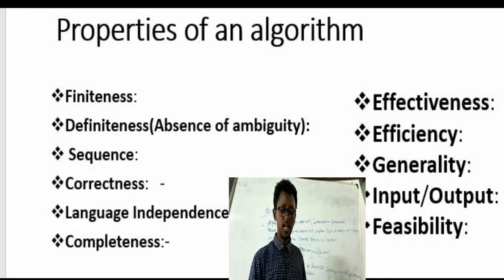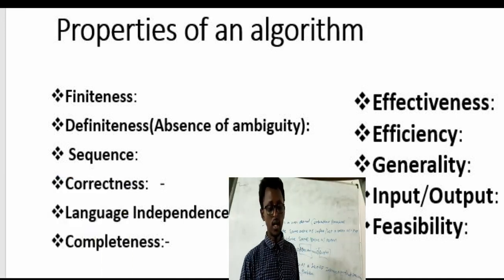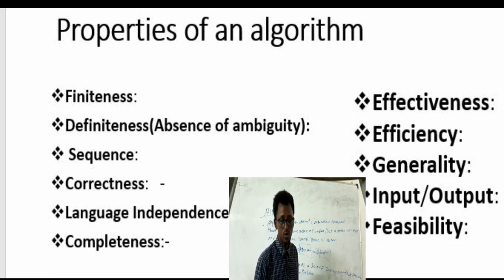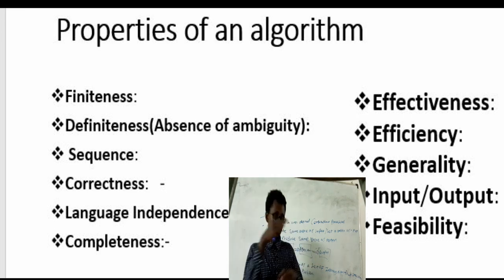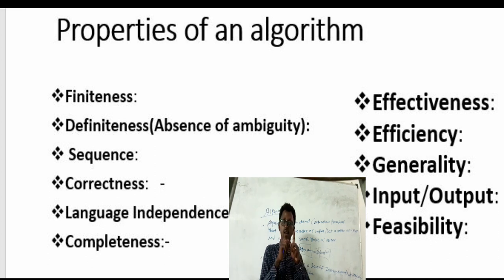The next one is the sequence of the algorithm, which means each step must be unique, with defined preceding and succeeding steps. The preceding or previous step and the next step should be clear and unique. This is called the sequence of the algorithm, one property.